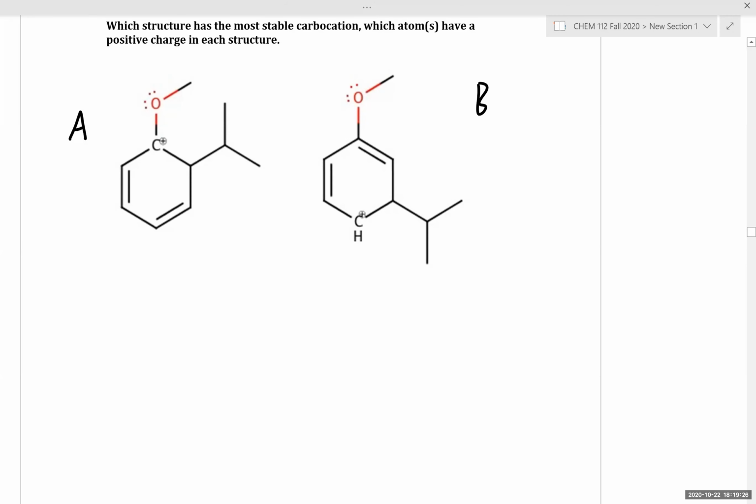And again, we're trying to answer the question, which of these cations is more stable or lower in energy? And just as a hint for everyone to keep in mind, this adjacent ether functionality is a resonance donor.